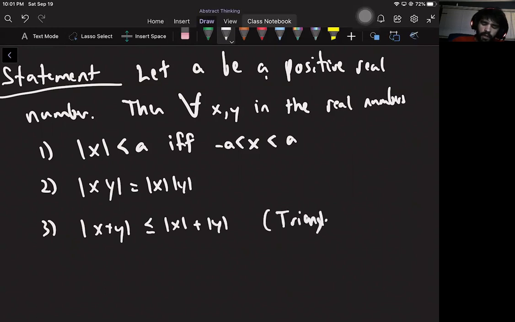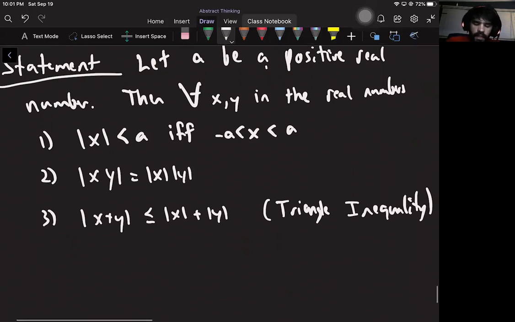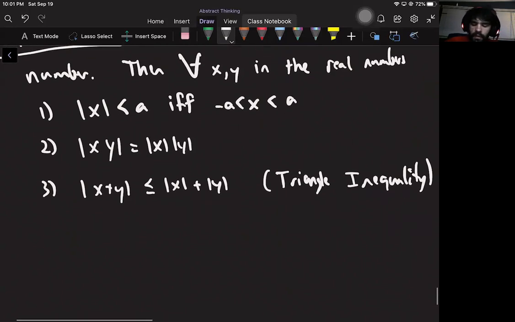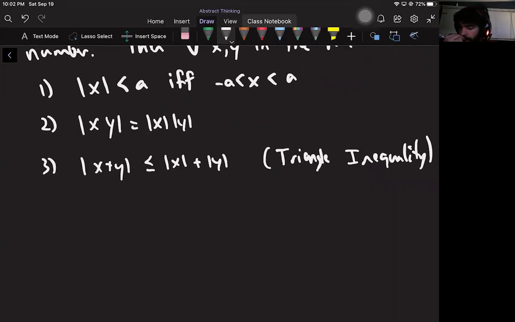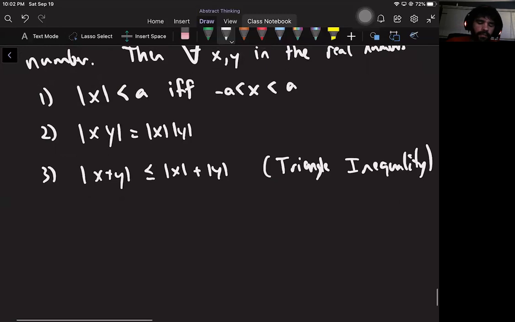Very important inequality. You'll learn a lot more about it later. One way to think about it is it's really just saying that the shortest distance between 2 points is a straight line. You'll see how that's similar to what this is saying much later.